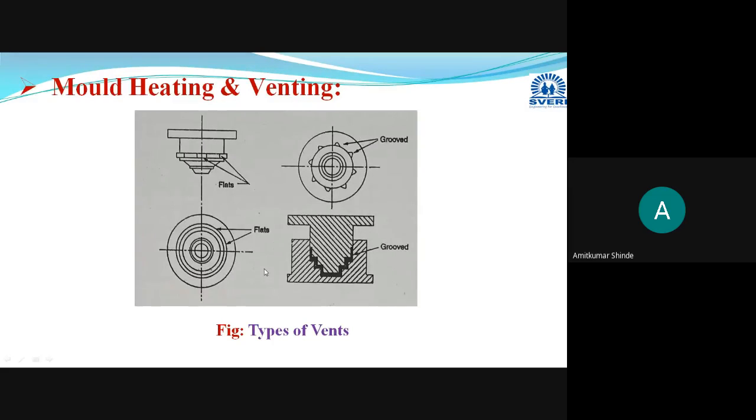Generally these are present on the plunger. Whichever plunger or punch you are using for applying the pressure, it is present on that, so that whichever gases are forming may get released. This is the location, here on this spot. Generally, it is provided on the punch itself.